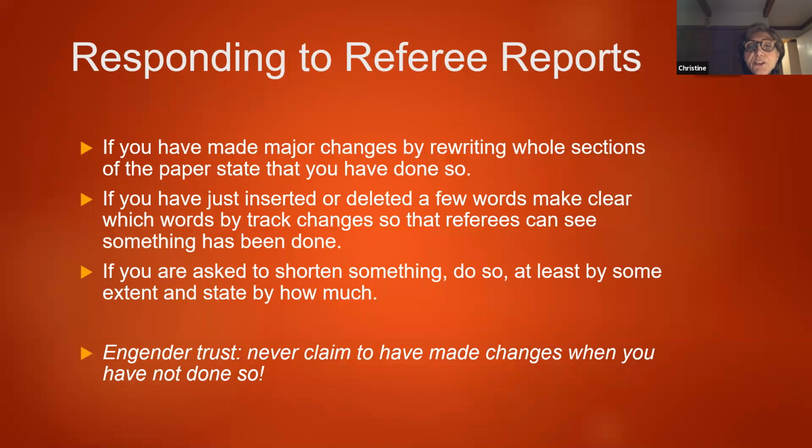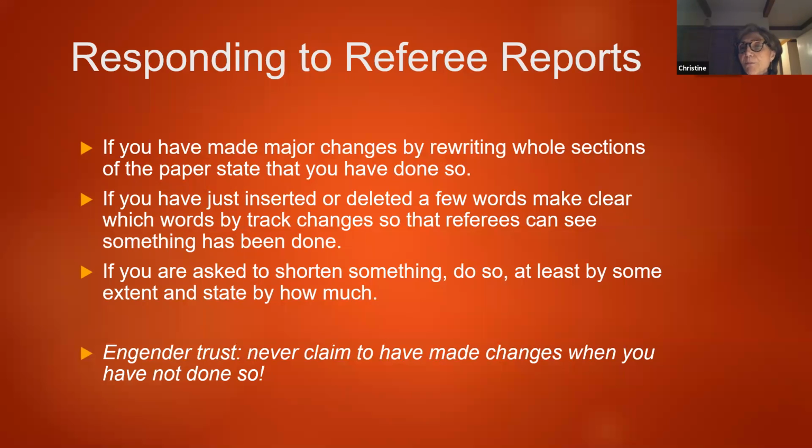If you've made major changes by rewriting whole sections of the paper, state that you have done so. This is important to let the editor know that you've done that much work. If you just inserted or deleted a few words, make clear which words are track changes so that referees can see something that has been done.